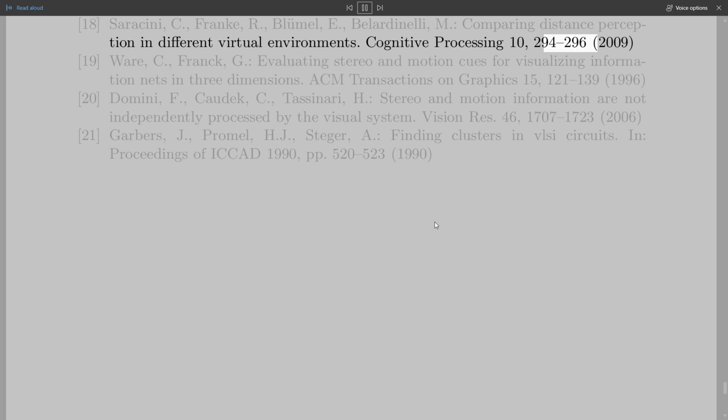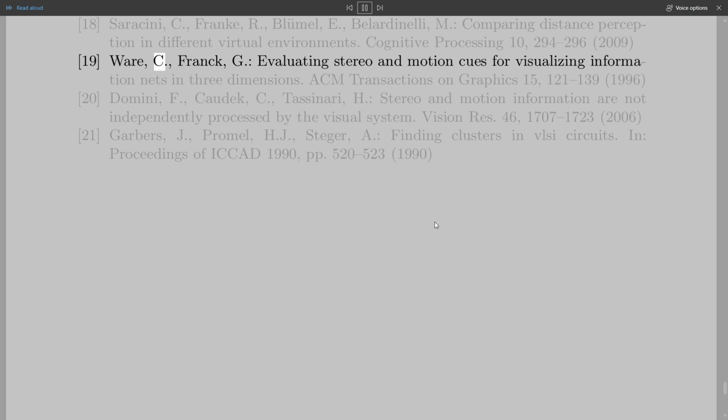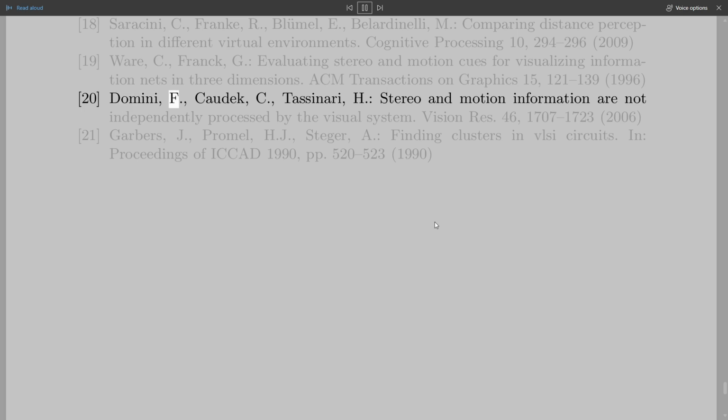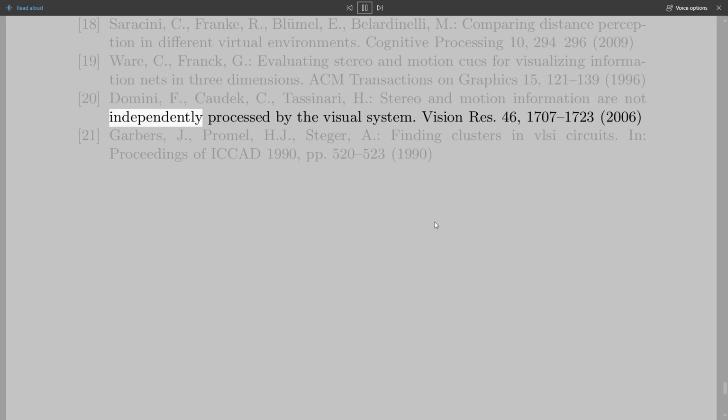294 to 296, 2009. 19. Ware, C., Franck, G. Evaluating Stereo and Motion Cues for Visualizing Information Nets in 3 Dimensions. ACM Transactions on Graphics 15, 121 to 139, 1996. 20. Domini, F., Caudek, C., Tassinari, H. Stereo and motion information are not independently processed by the visual system.